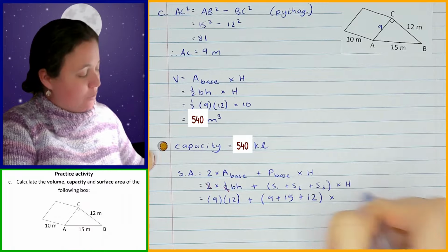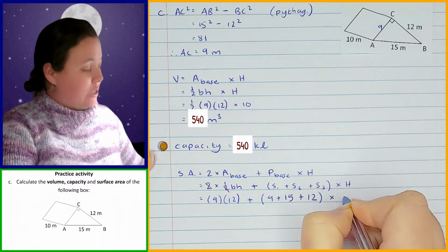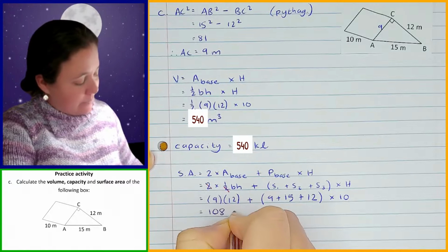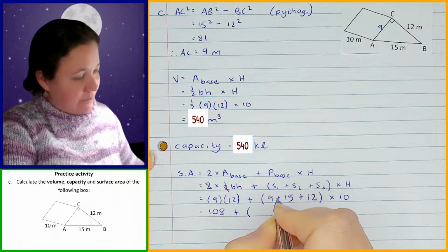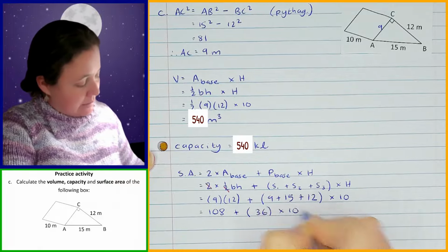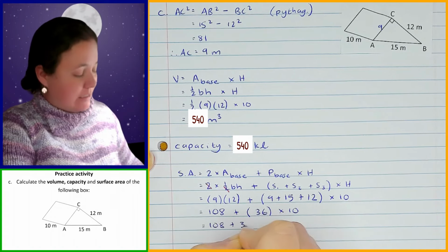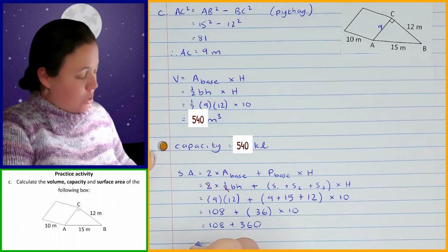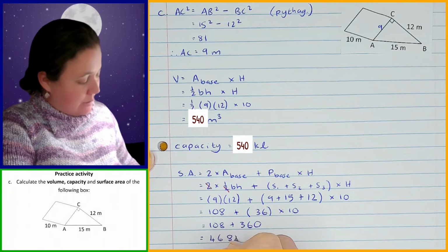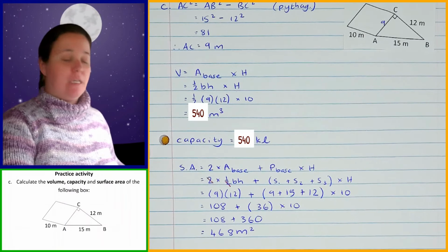And I multiply all of that by the height of the prism, which is the distance between the two ends. So that's 10. Okay, so 9 times 12 is 108. Plus 9 plus 15 plus 12 is 36 times 10. So that's 108 plus 360, which gives me 468 meters squared. So that's what we should have got for question C.